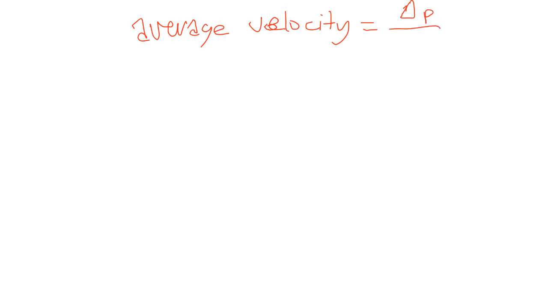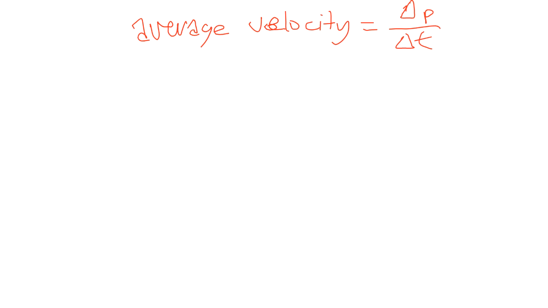So our average velocity is going to equal essentially our change in position, let's say we call our position P, over our change in time. Well, that kind of gives you just a general idea.